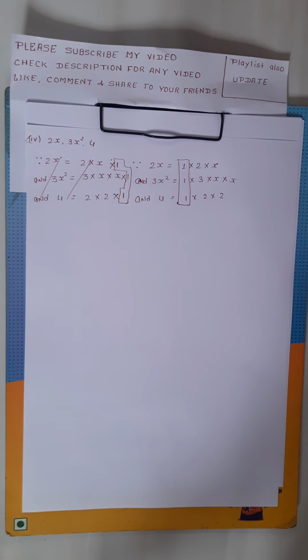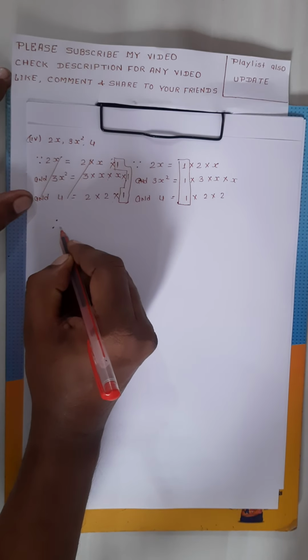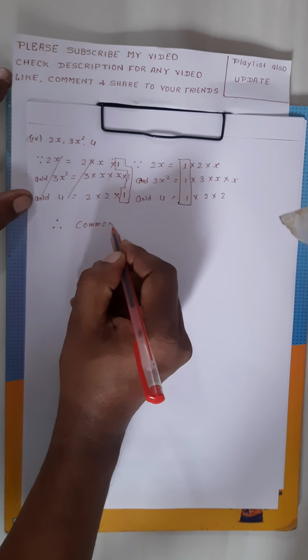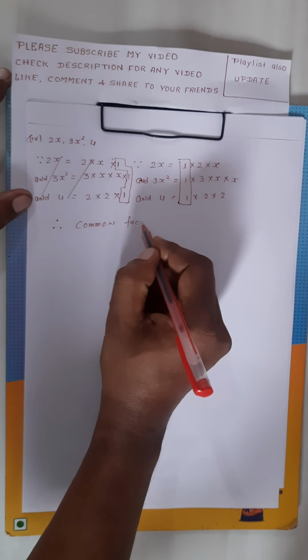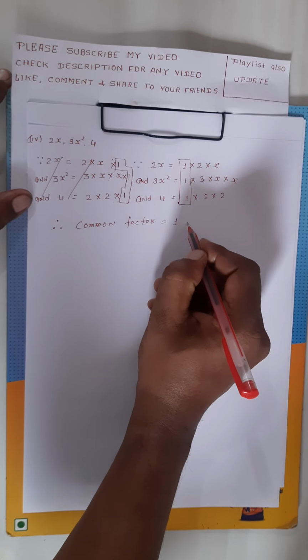Since 1 is the factor of all numbers or all variables, if we have to find the common factor, we can take 1, so the common factor will be 1.